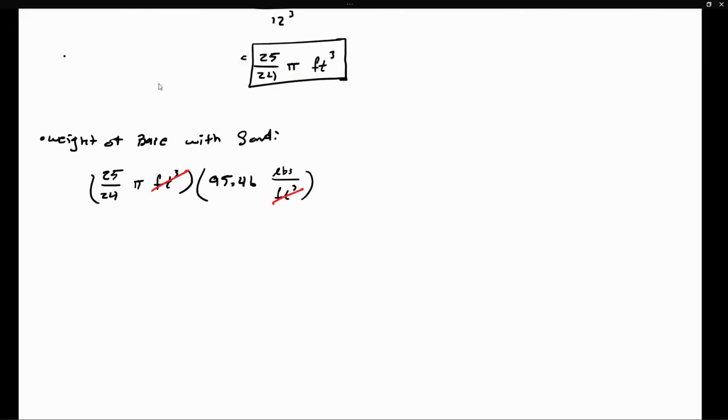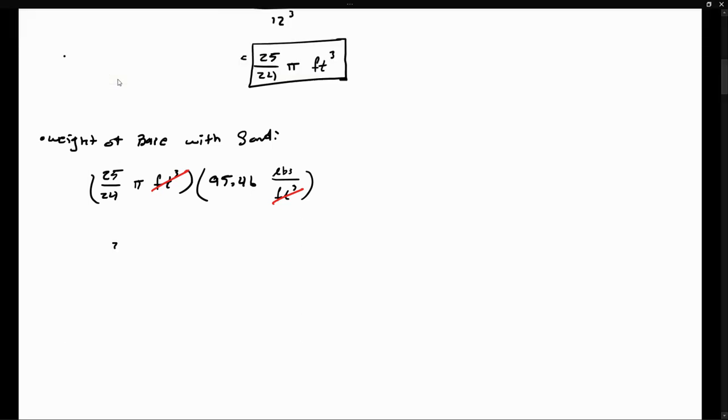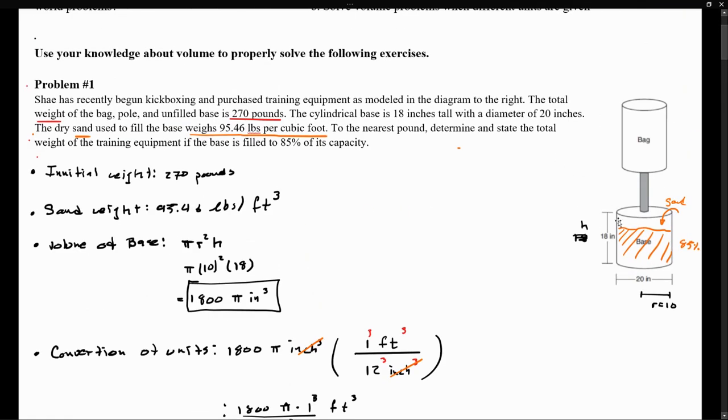And now I got everything in terms of pounds. So now we know that the weight of the base with the sand is equivalent to 25 over 24 pi times 95.46 pounds.